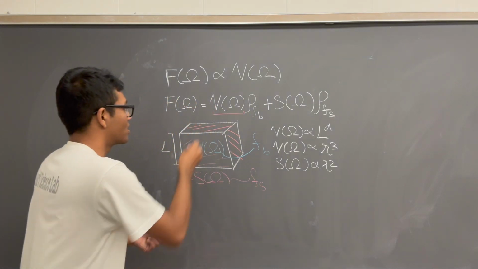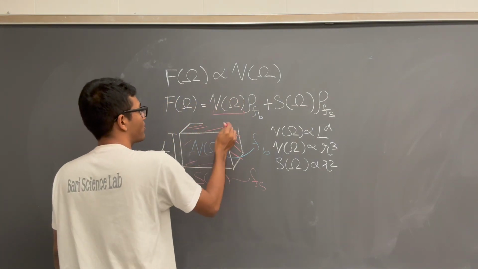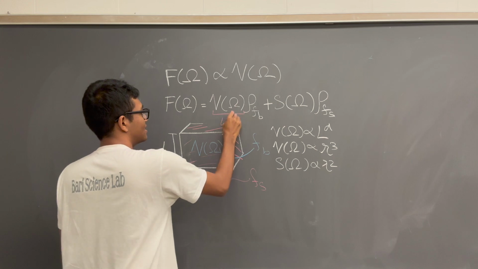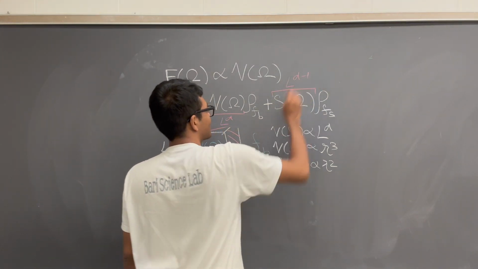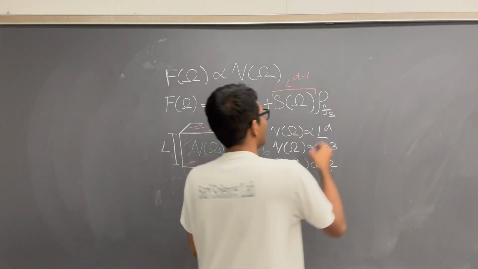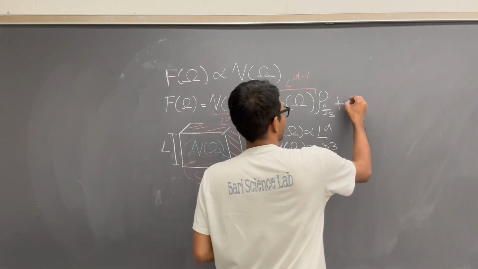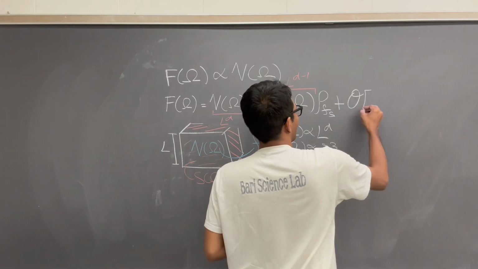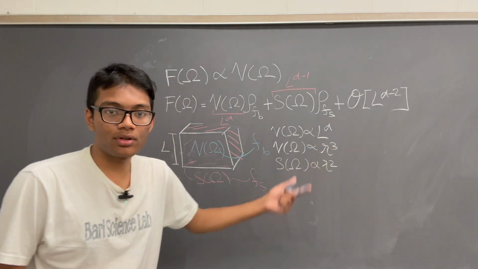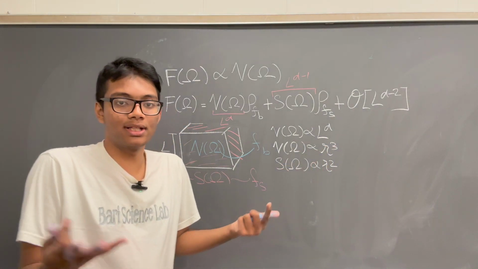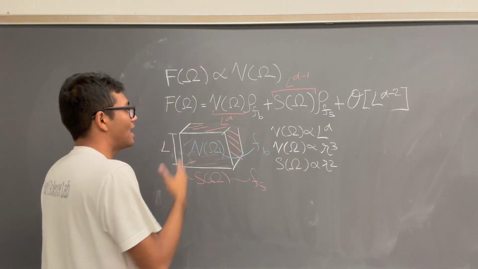So this first term, V of sigma, is proportional to L to the D, whereas the second term, S of sigma, is proportional to L to the D minus 1, and we might have a third term correction. So I'll call that O of L to the D minus 2. Anything beyond third order corrections is just not worth writing down, right? So this is what we have right here.